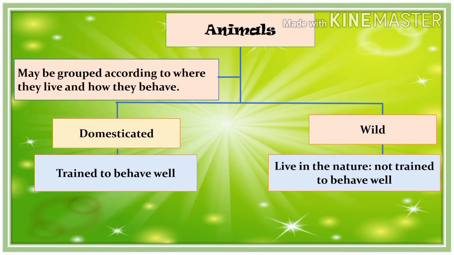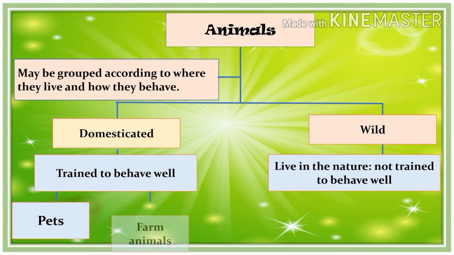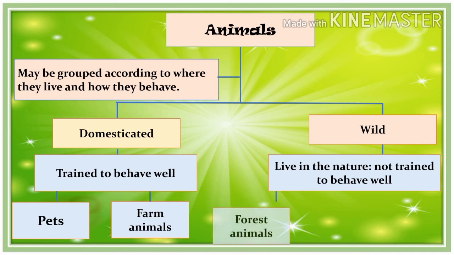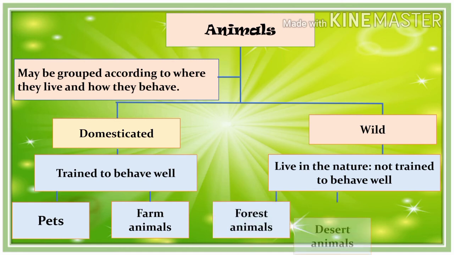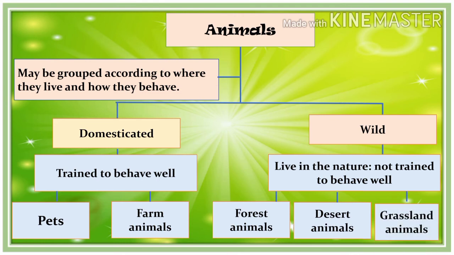So what are the domesticated animals? First, pets, and second, farm animals. And wild animals live in nature, not trained to behave well, are the forest animals, desert animals, and lastly, the grassland animals. And that is the end of our lesson for today.